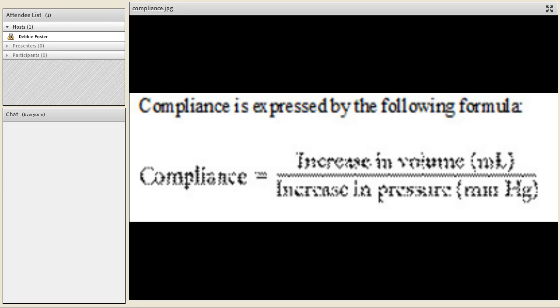It has to do with the increase in volume over the increase in pressure. So how well the vessel handles volume and pressure is how compliant it is. Veins are much more compliant than arteries because they have more room to adjust and handle the increase of volume and pressure. So that's just another quick thing in case you hear the term compliance.